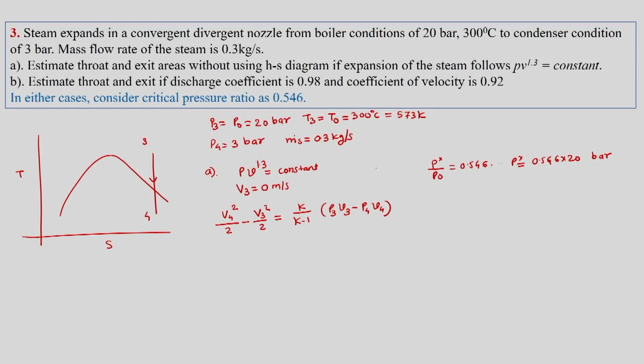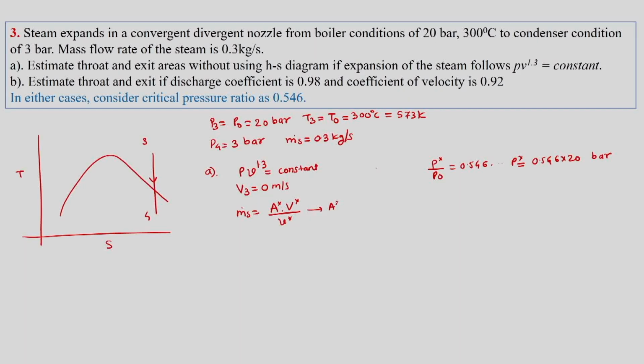Now our objective is to find the minimum area, and for that we again know the formula. Mass flow rate is given to us: m dot s is equal to A star into V star, velocity star, into specific volume star.